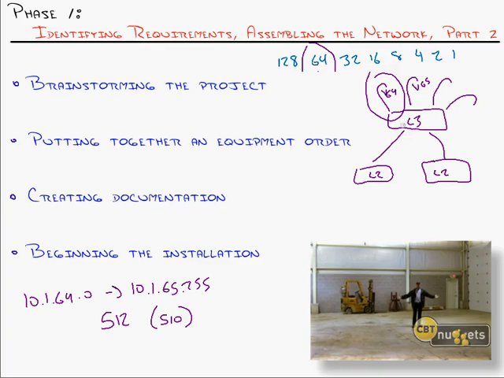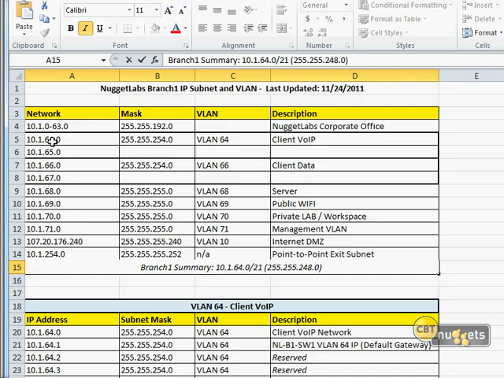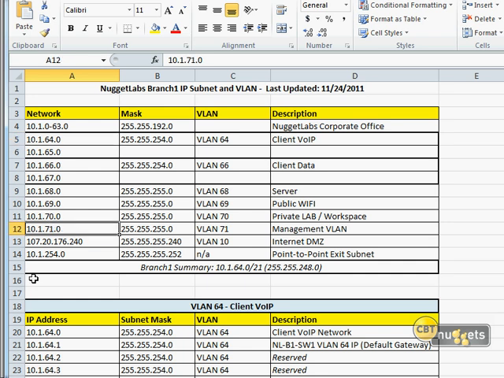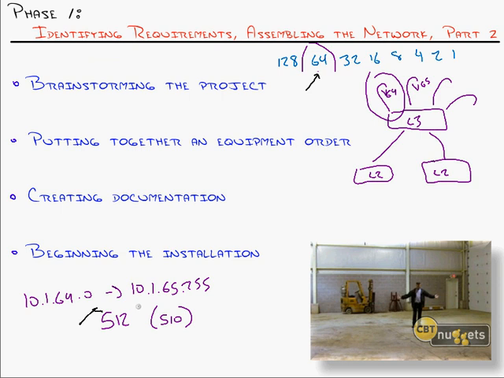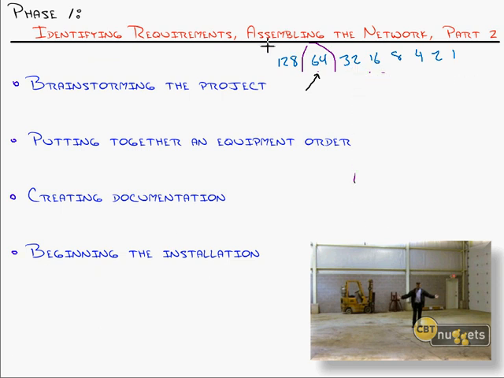Remember how I showed you how I did the corporate office and I came up with that summary for them? Same thing for the branch. I said, you know what? 64 through 71, that could be an increment. So again, let's look right here. Oh, hang on. I was talking here about the 512 host IPs. So look back at my increments.